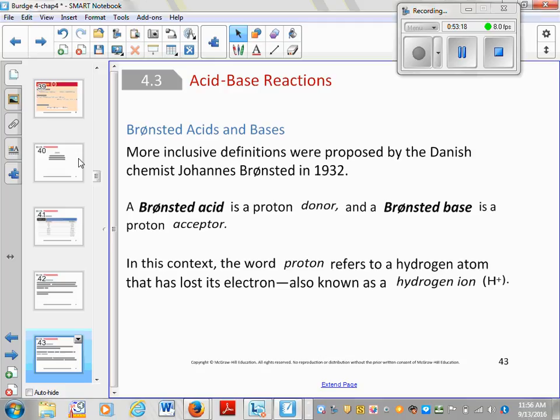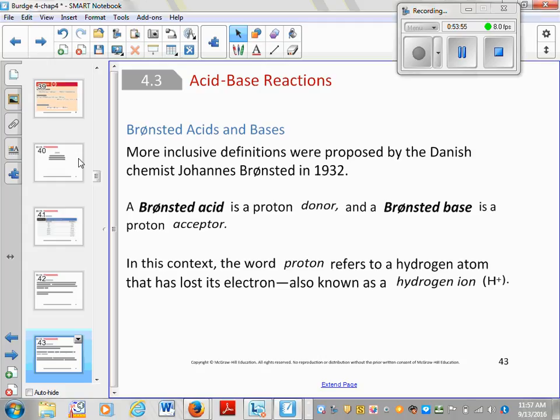So, Bronsted-Lowry, or Bronsted, sometimes it's paired with Lowry. A Bronsted acid is a proton donor, and a Bronsted base is a proton acceptor. Now, proton is H+, so it's a hydrogen ion. So if I go back here and look at my good old friend ammonia, and here I have water, we said a base, according to Bronsted, does what?